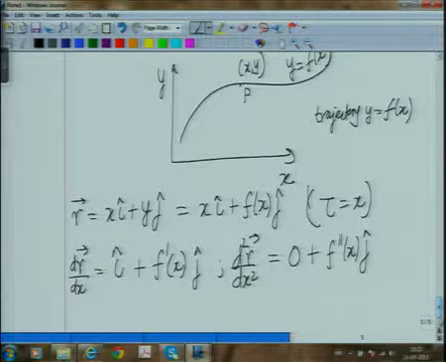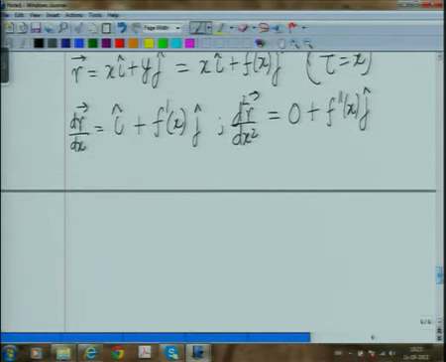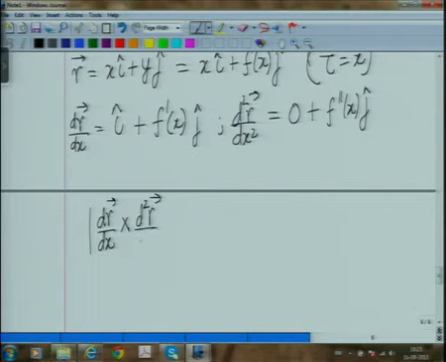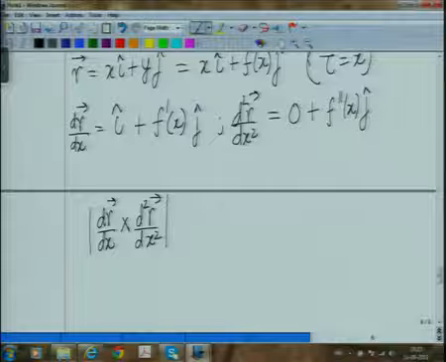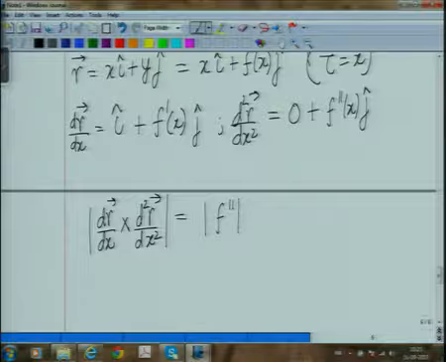So now I have to use my formula. The magnitude of dr by d tau, that is dr by dx, cross d2r by d tau square, which is d2r by dx square in this case. This will be equal to, let's take a cross product, i cross j, that's the only term which I will get, j cross j will give me 0. So this will be nothing but equal to magnitude of f double prime.